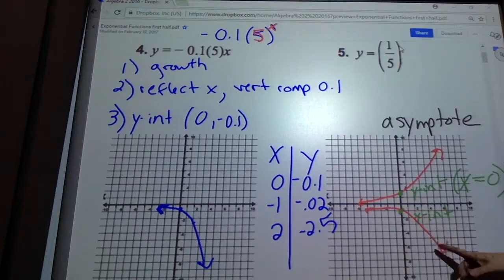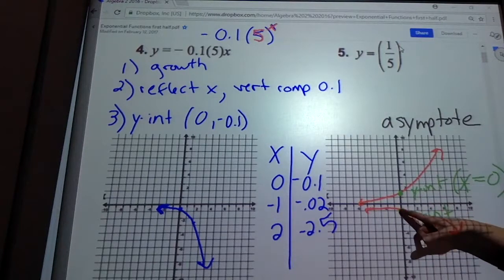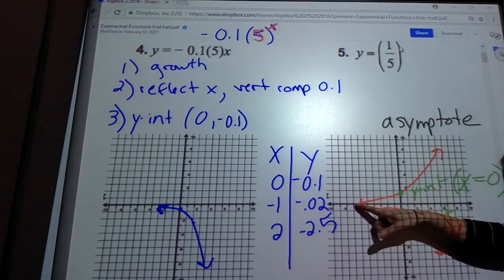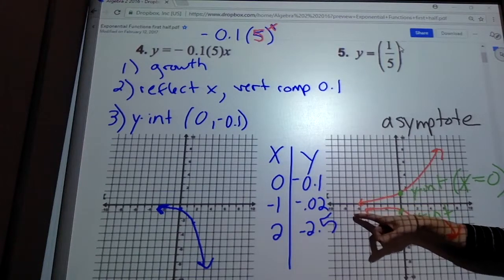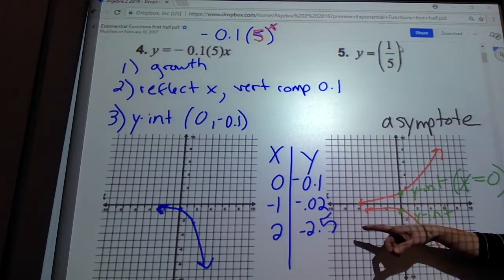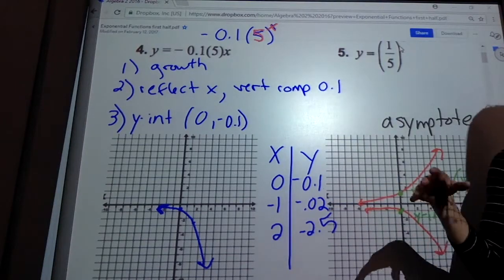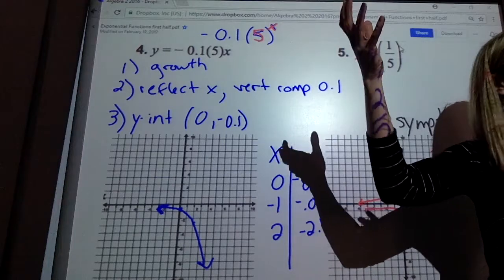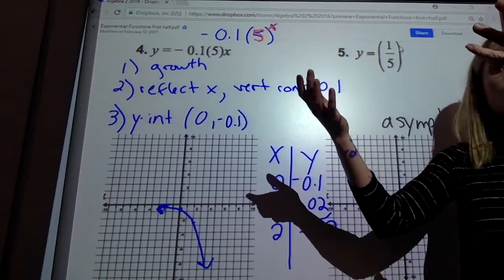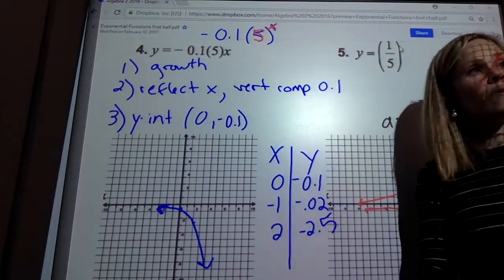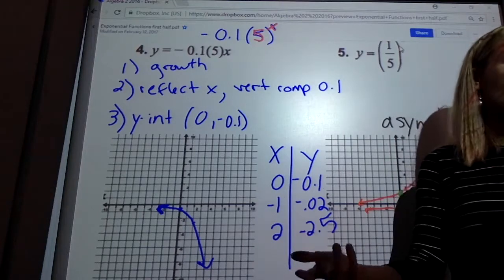Same with a decay. It's going to go down, but if I follow this, again, I'm going to get closer and closer to the x-axis, but I'm never going to touch it. That's an asymptote. Your asymptote is always y equals 0 unless I have a shift up or down. If I move up 5 units, now my asymptote is 5. If I move down 3 units, now my asymptote is negative 3.